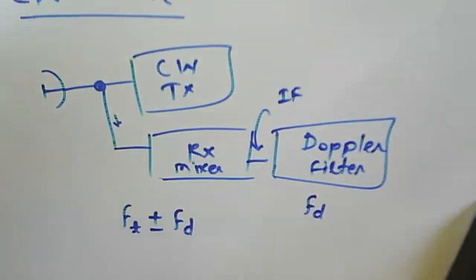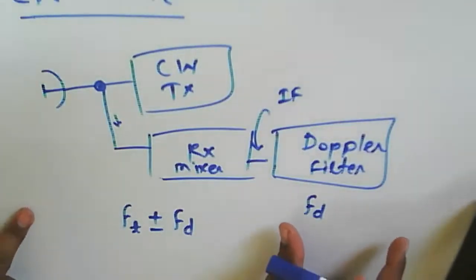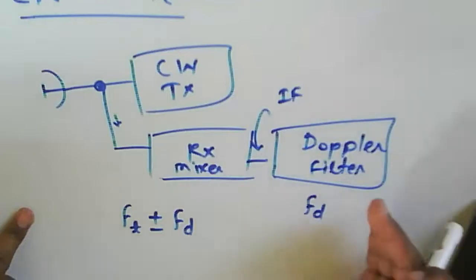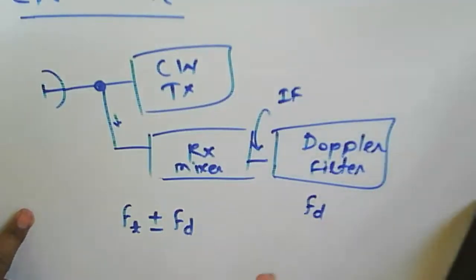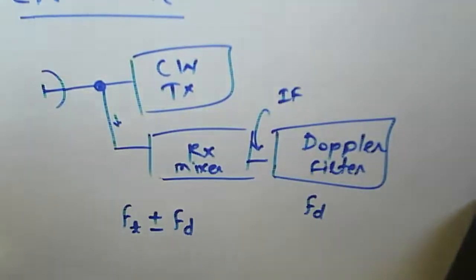So we consider what will be the received waveform at this receiver, and what will be the duration of that particular waveform. Whether we are getting a finite spectrum or an infinite spectrum at the receiver, that is to be understood here.